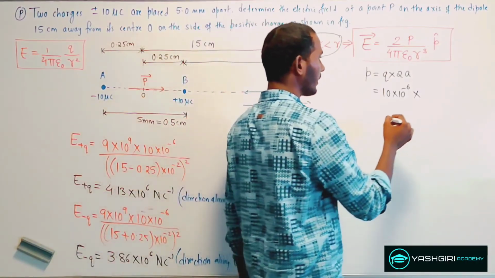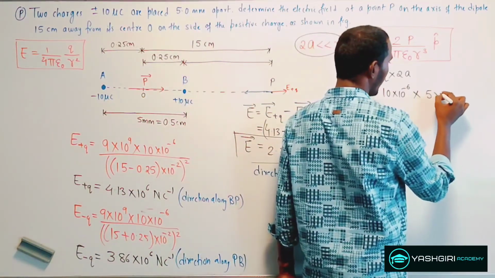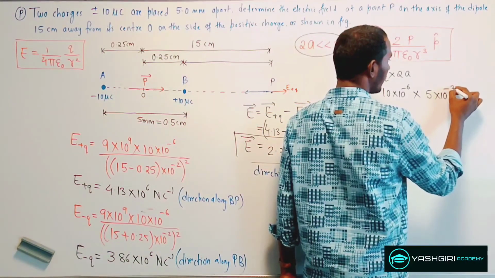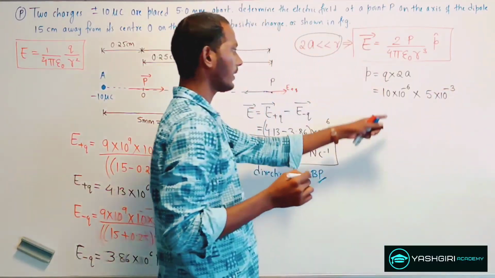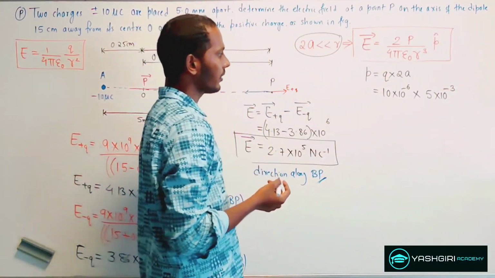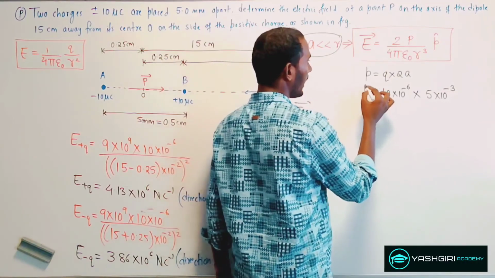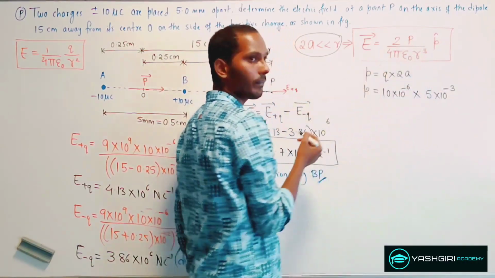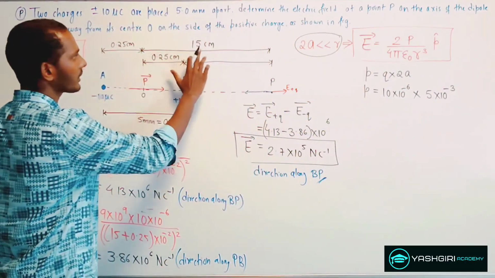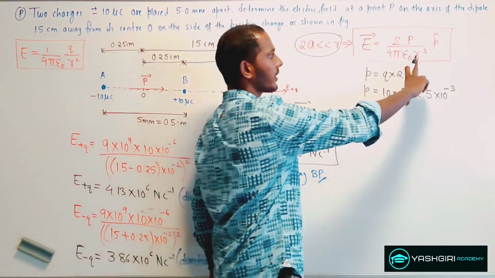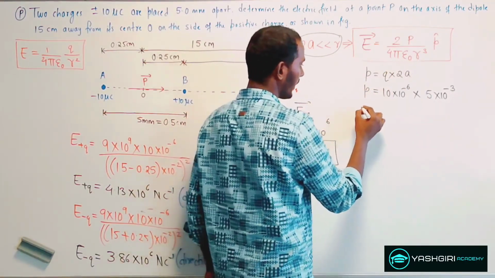So 5 mm, I can write it in terms of 5 into 10 raised to minus 3 meters, and that will give you the answer for your dipole moment. And here when you substitute back, let me write this.